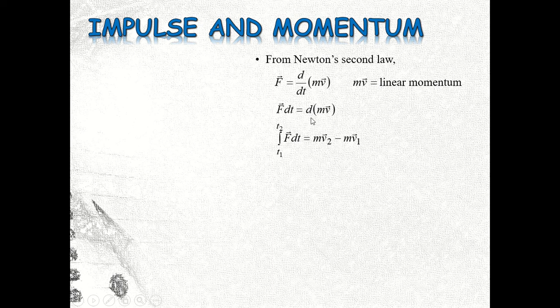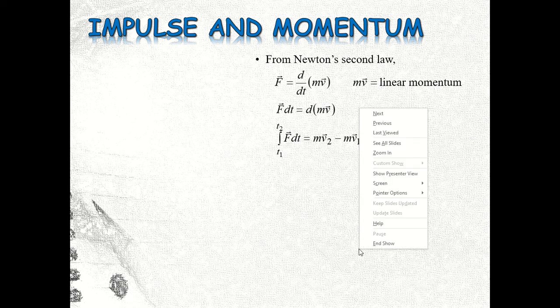All right, so integrating both sides, we have the limit from t1 to t2. On the other side, when you integrate this one, the limit is from v1 to v2.